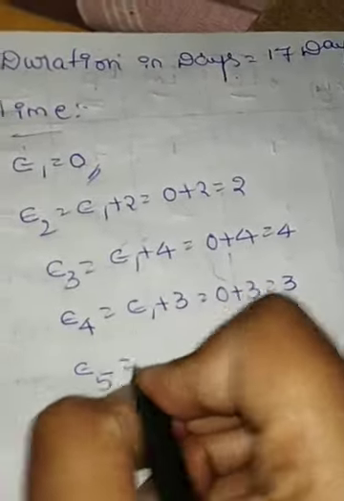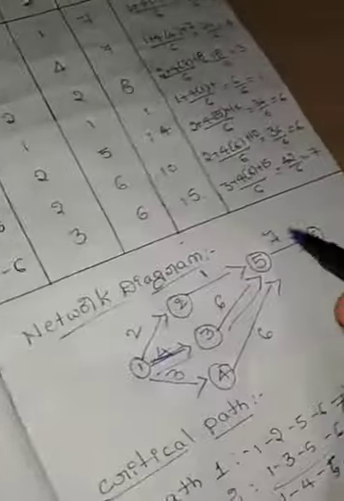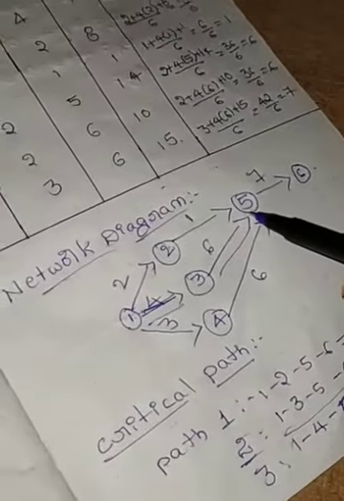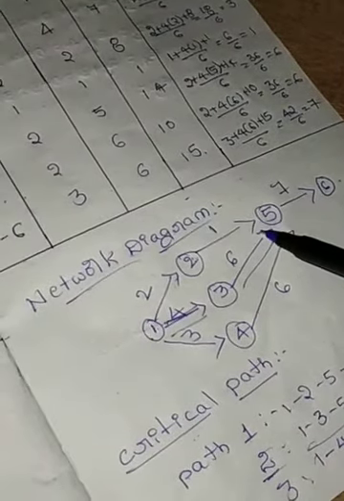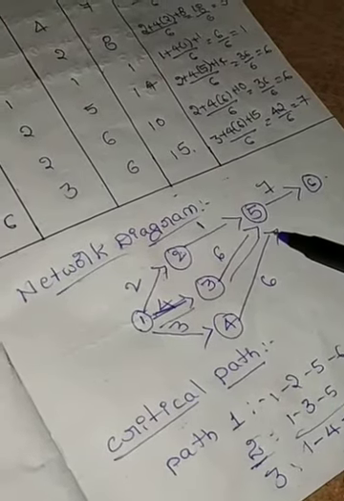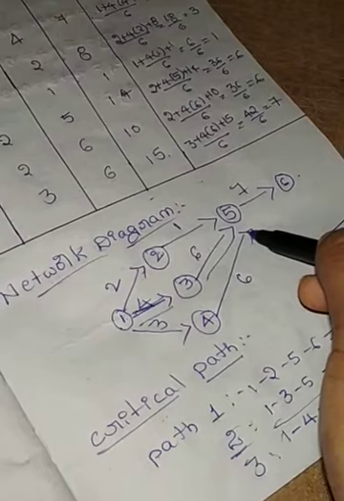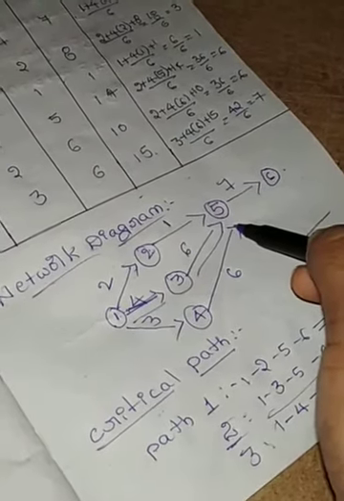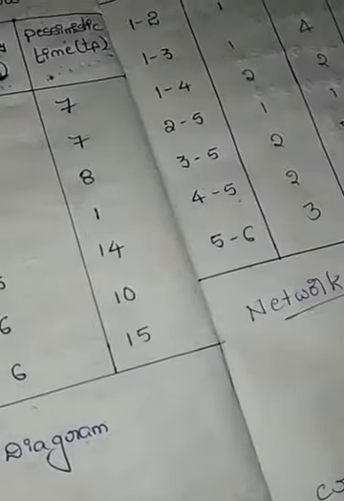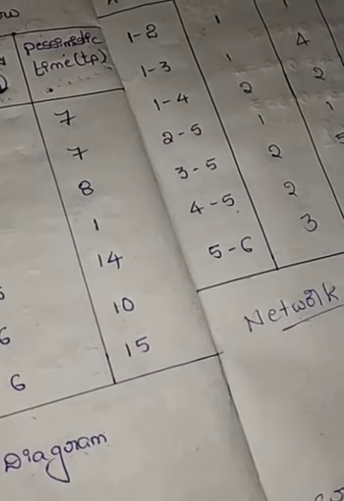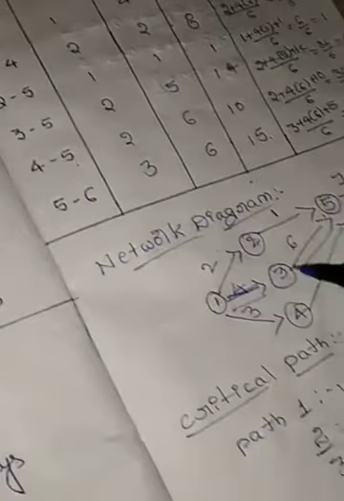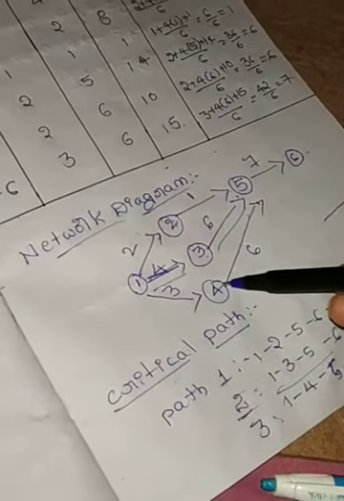Next find out E5. In that, 5 has 3 arrow heads. In any activity having one or more arrow heads, we consider the maximum: one arrow comes from 2, another from 3 and another from 4.